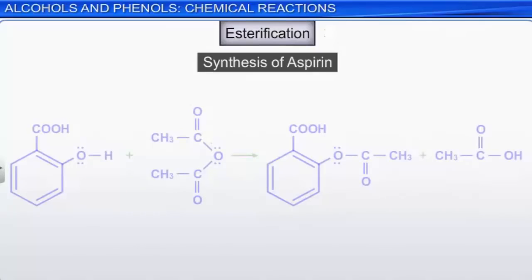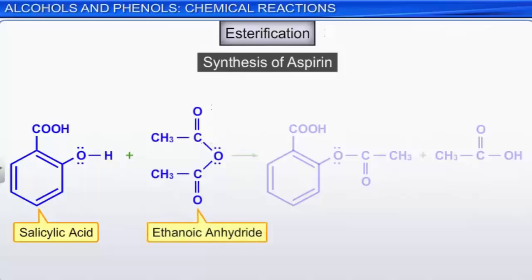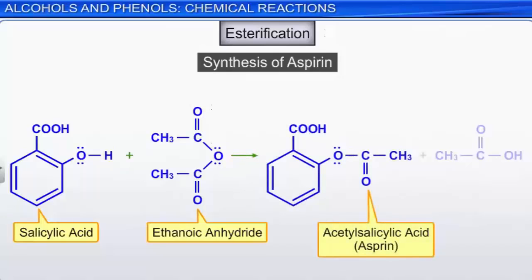Acetylation is the introduction of an acetyl group into alcohols and phenols. When salicylic acid, a carboxylic acid, is mixed with ethanoic anhydride, a carboxylic acid anhydride, acetylsalicylic acid, or aspirin, is the primary product. Acetic acid or ethanoic acid is also formed.